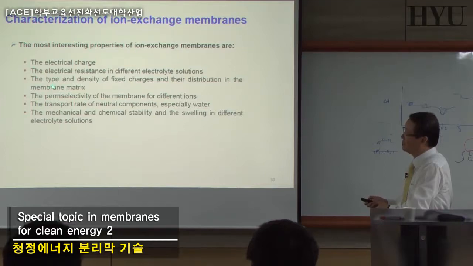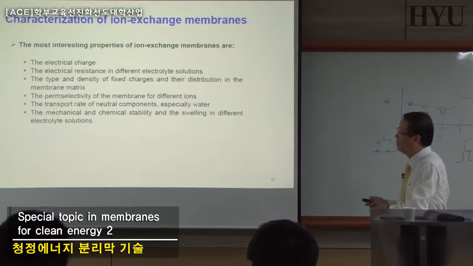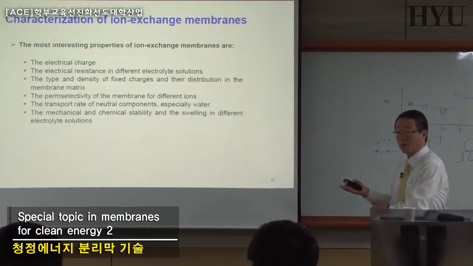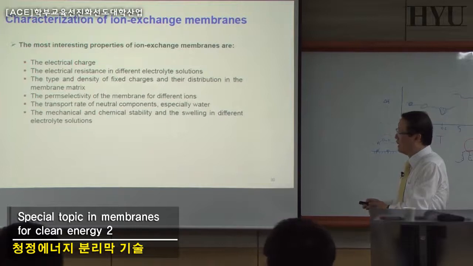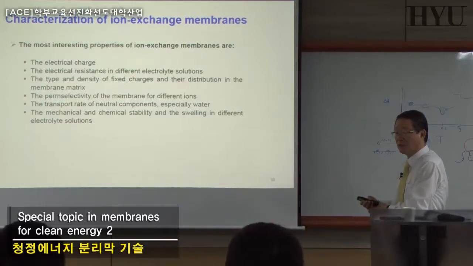We have to think about the permselectivity of the membrane for different ions. You have to think about how fast the water will transport, particularly through this complicated system, and the neutral systems. What about the stability issue, in terms of mechanical issues and chemical issues?